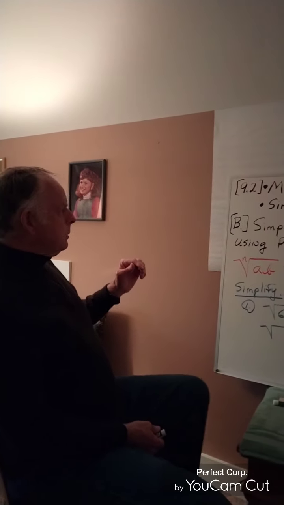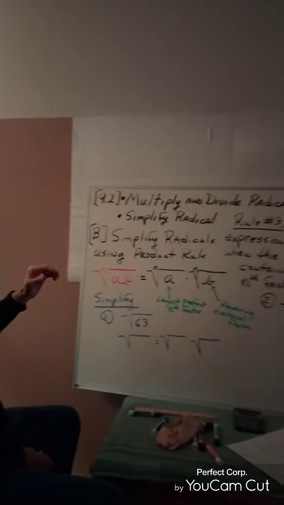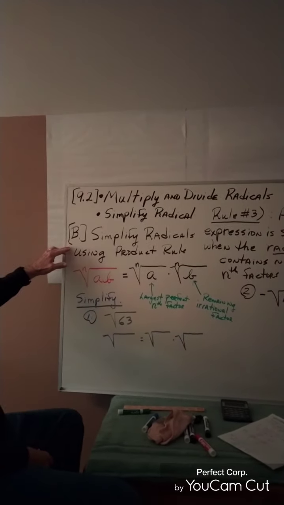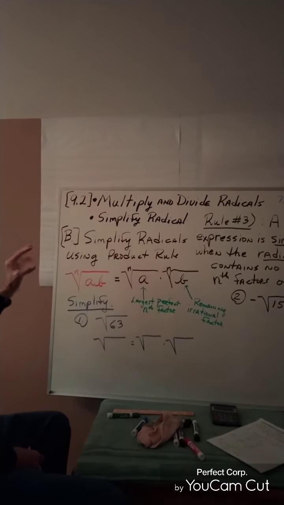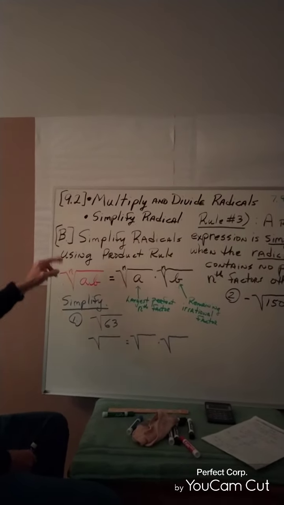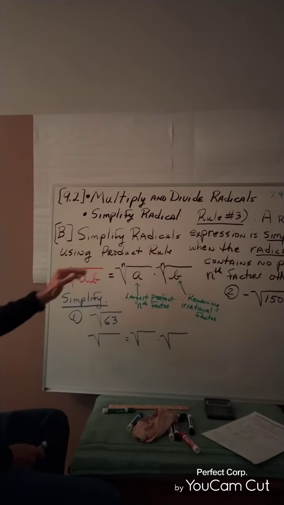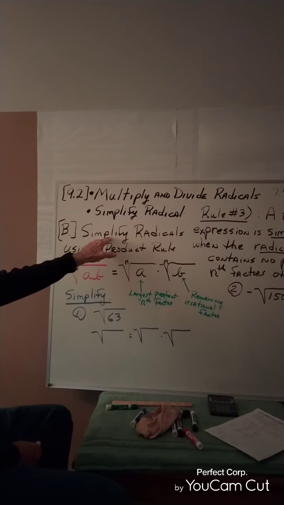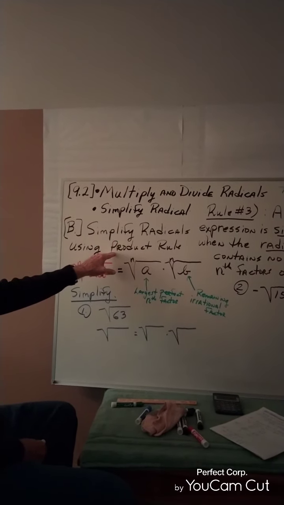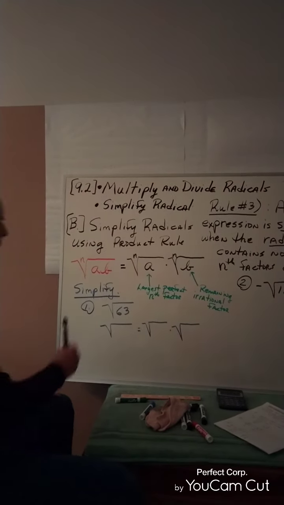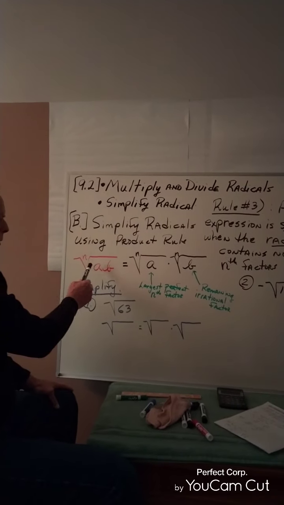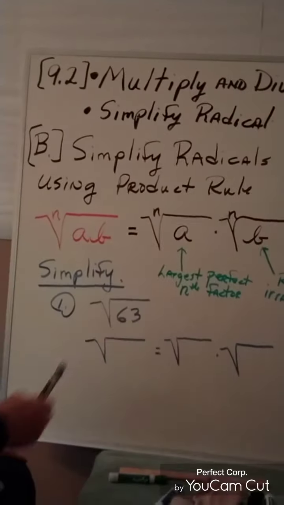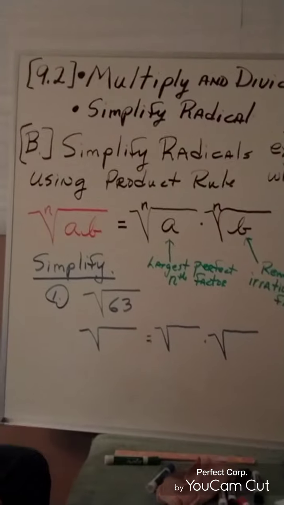So let's move to letter B of multiplying radicals. Letter A was multiplying radicals. Letter B, we're going to simplify radicals using the product rule. And notice I wrote the product rule up here again.